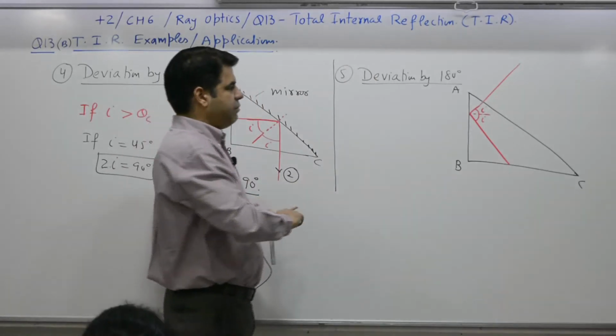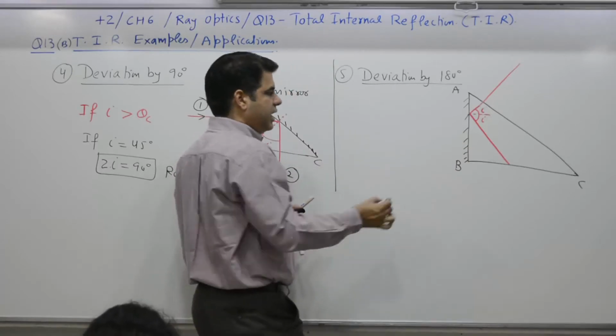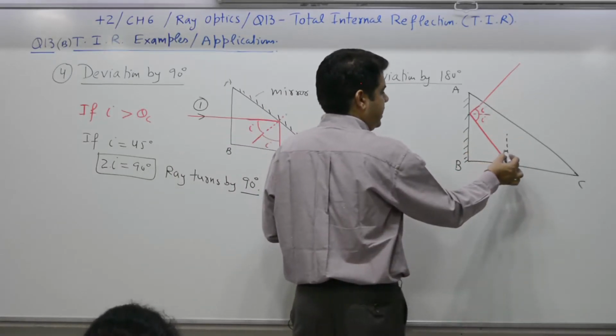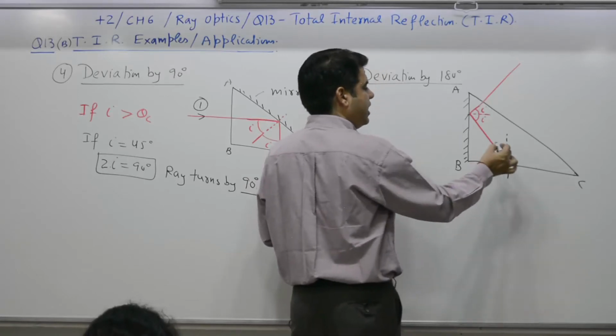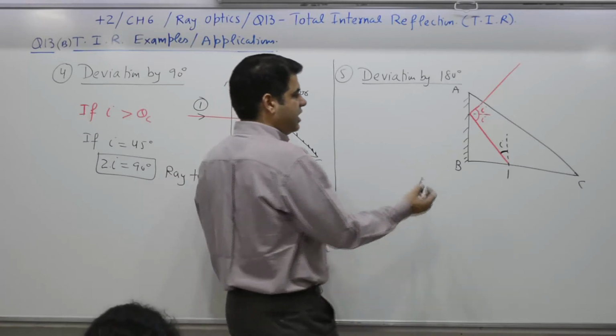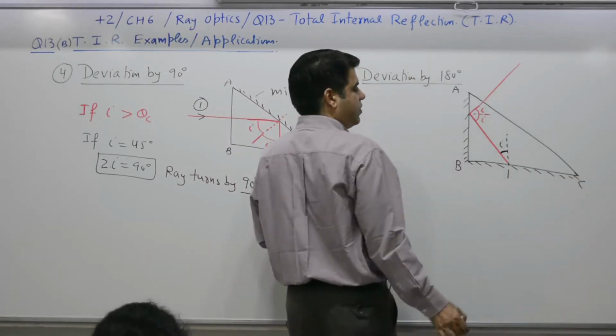And face AB behaves as a mirror. At this point, again, the angle of incidence I is more than theta critical, so again TIR will take place and this face BC acts as a mirror.